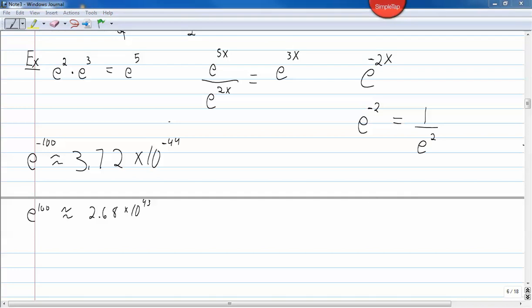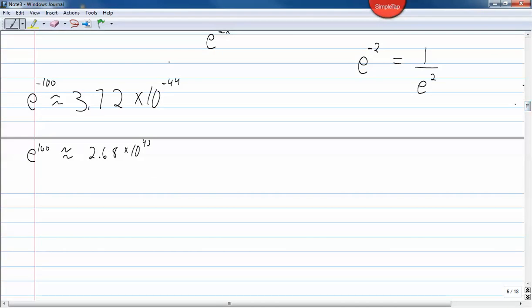Alright, I guess the most interesting and probably the most useful thing about the exponential function is that the derivative of the exponential function e to the x is itself, e to the x.